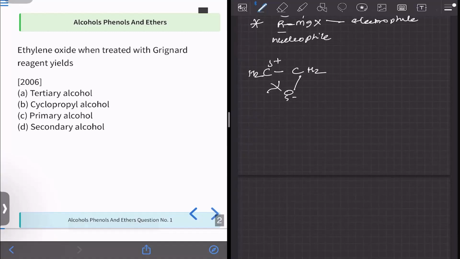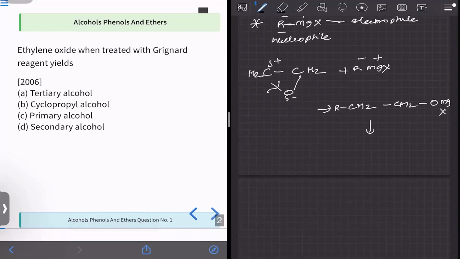So when these bonds break and it reacts with RMgX, it produces R CH2 CH2 OMgX.